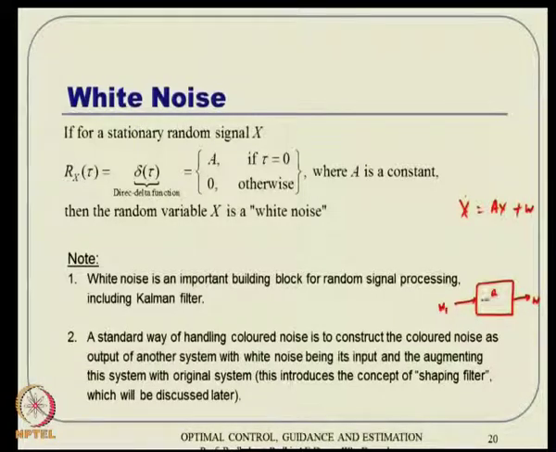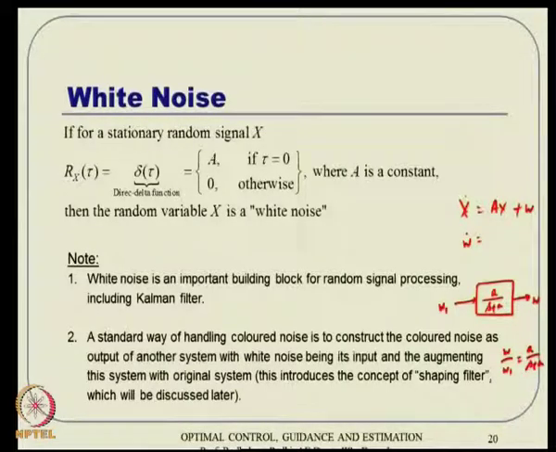So maybe something like a first order system or second order, it depends on the noise behavior basically. But then what you will do, suppose it is a first order, then you put a w dot equation, and if you see this expression, it turns out to be, well, output by input is a by s plus a.